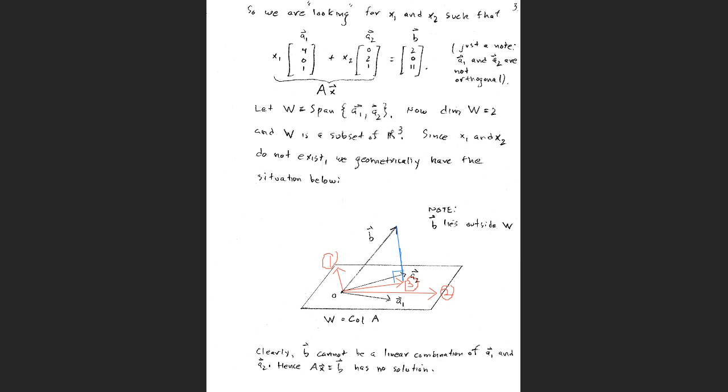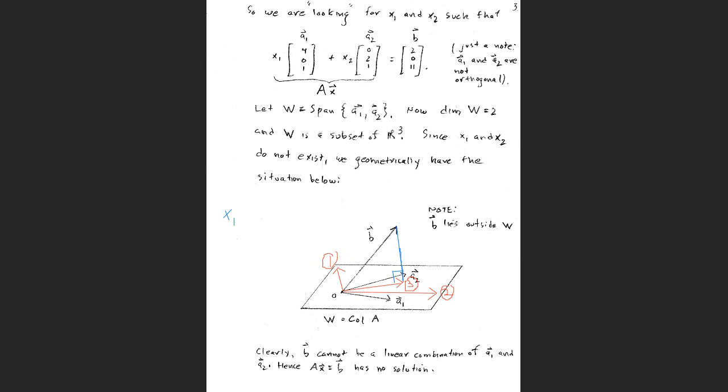Right angle there. Okay, so vectors 1, 2, and 3 are all drawn in that subspace W, which is the column space of the matrix A.